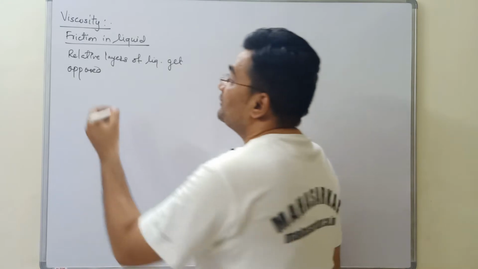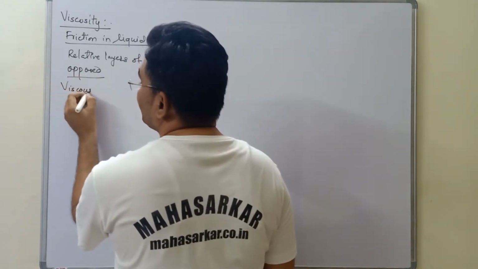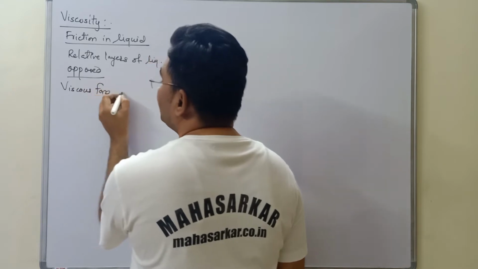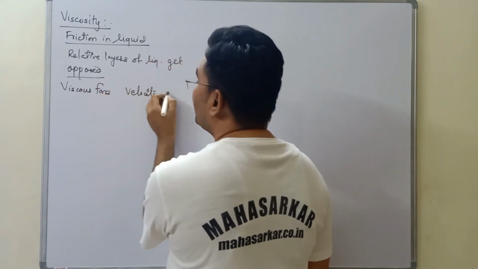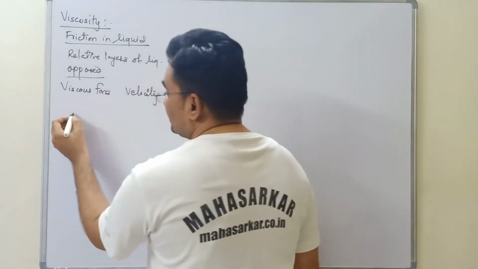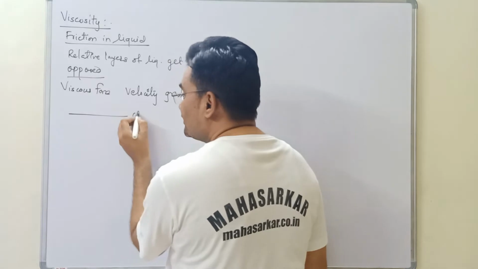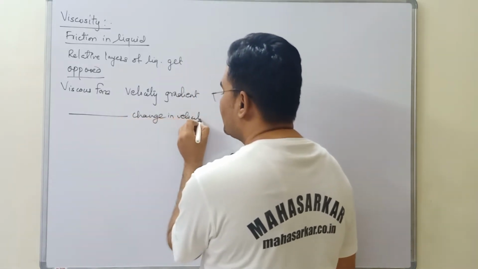Viscosity. The viscosity can be studied on the basis of viscous force and the velocity gradient. We know that for a given streamline flow, the ratio of change in the velocity, the ratio of what? Change in the velocity.